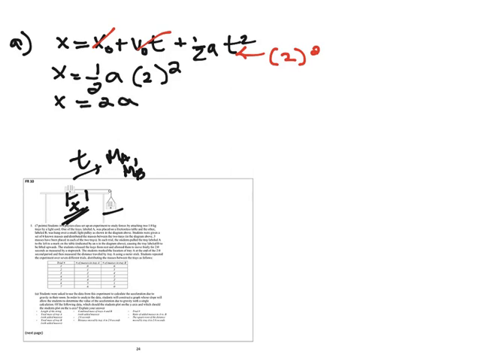And we need to find some way to relate a to g, the acceleration due to gravity, and these masses. So that should tell you I should be thinking of the forces acting on my system, and maybe making a system free body diagram. So I'm going to go ahead and do that.